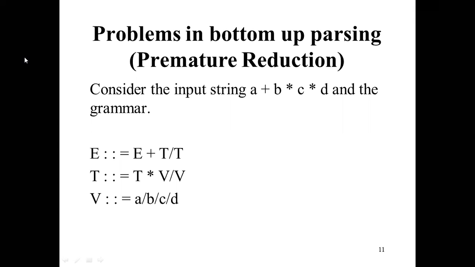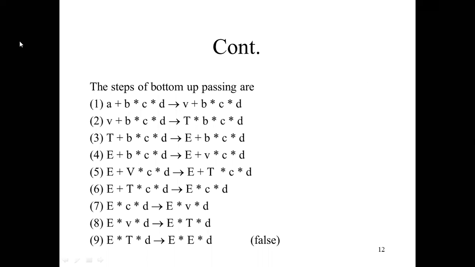Whenever we are reducing our expressions, we can see whether we are able to get the particular output or not. If we are unable to get the particular output, then that is called the premature reduction. Now we can proceed and watch here.